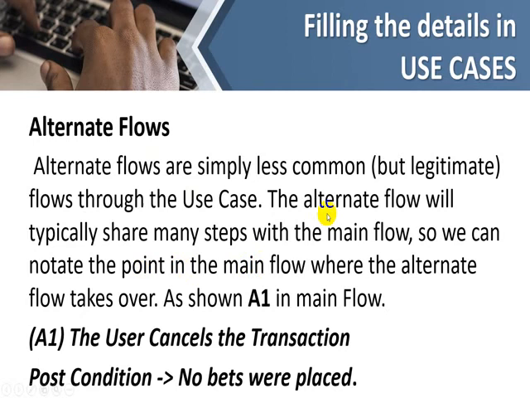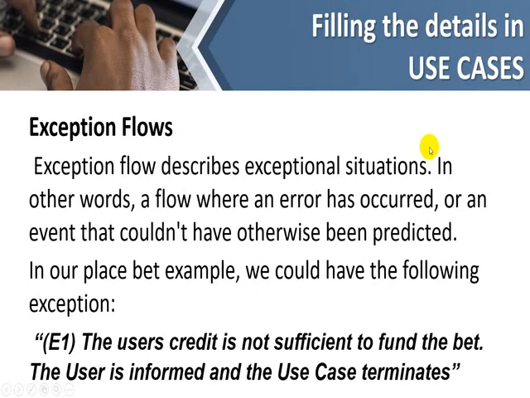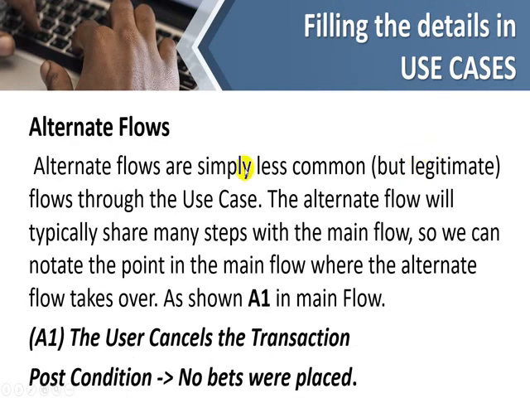Alternate flows are simply less common but legitimate. That is, they can appear, right? And they are allowed. They are legitimate flows through the use case. So it means that there can be some other steps, some other flow that is legitimate, that is allowed, and it must be shown in that use case description.